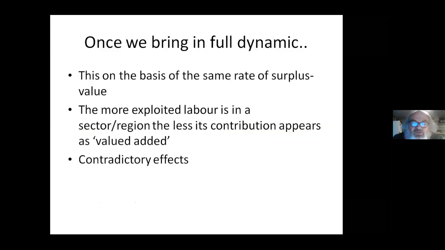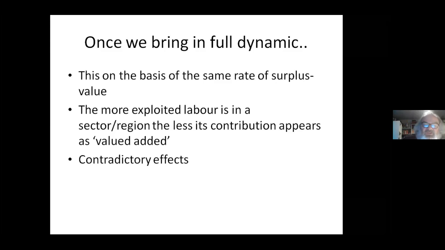Now, this is before we've introduced the dynamic which we did introduce last time, which is differential rates of surplus value. If we think of the way we're talking about value added, the more exploited labor is in any given sector or region, the less it apparently contributes to value added. That's a complete somersault result to our understanding of the law of value.